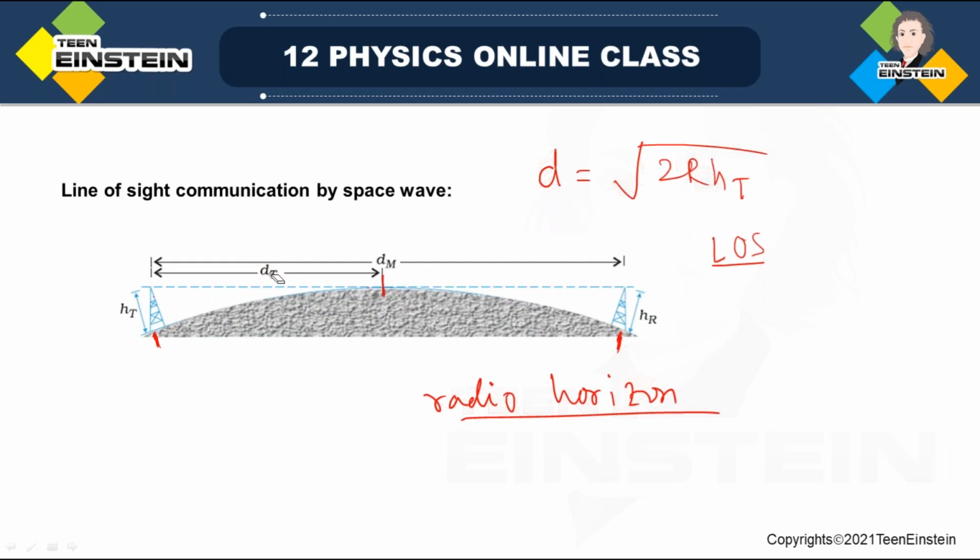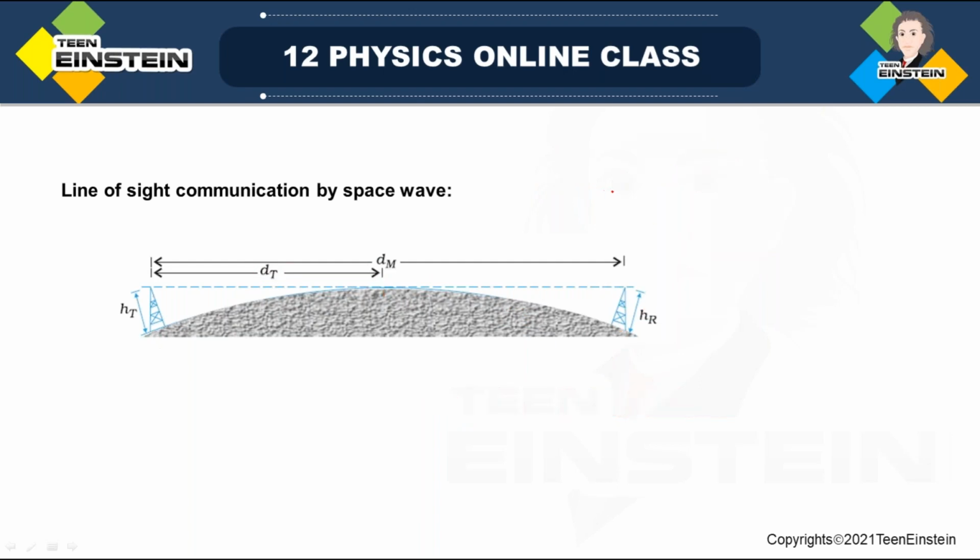So there are two things, dt and dr. Let me write. What is dt? Radio horizon for the transmitting antenna.